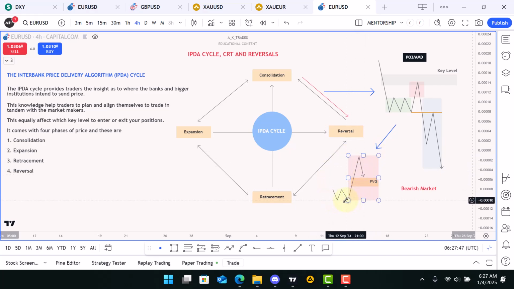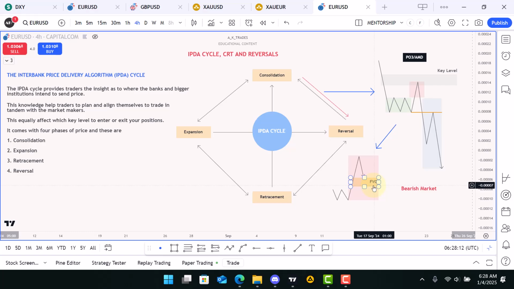Now, this is your market structure shift, and then inexperienced traders, immediately they see this, they are like, oh, that is it, 2022 model, market structure shift is there, my displacement or fair value gap is there, so boom, that is it.